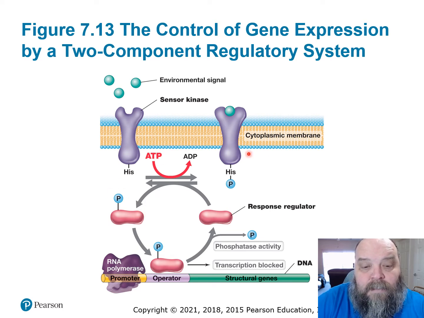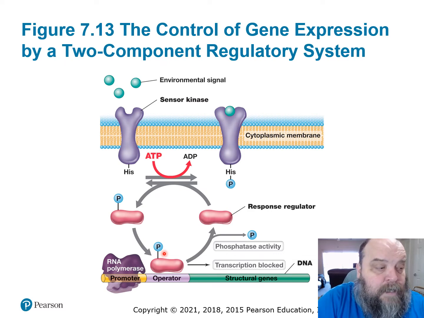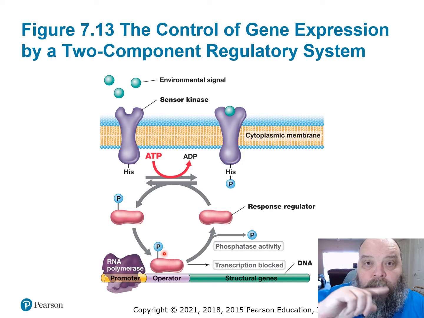In the process, the sensor kinase resets. The phosphorylated response regulator is now in its active form, and it will go and bind some operator region. It's now going to act as either a repressor or an activator when it comes to transcription of a gene or an operon.